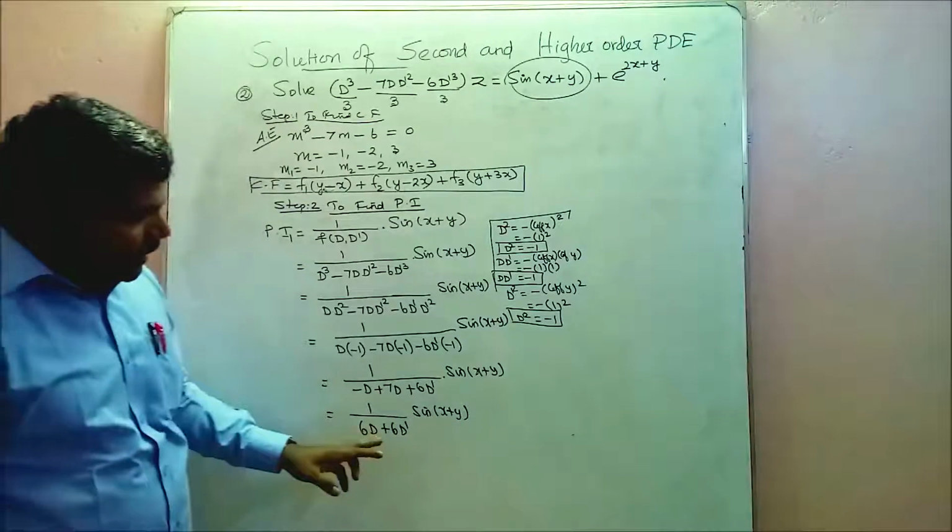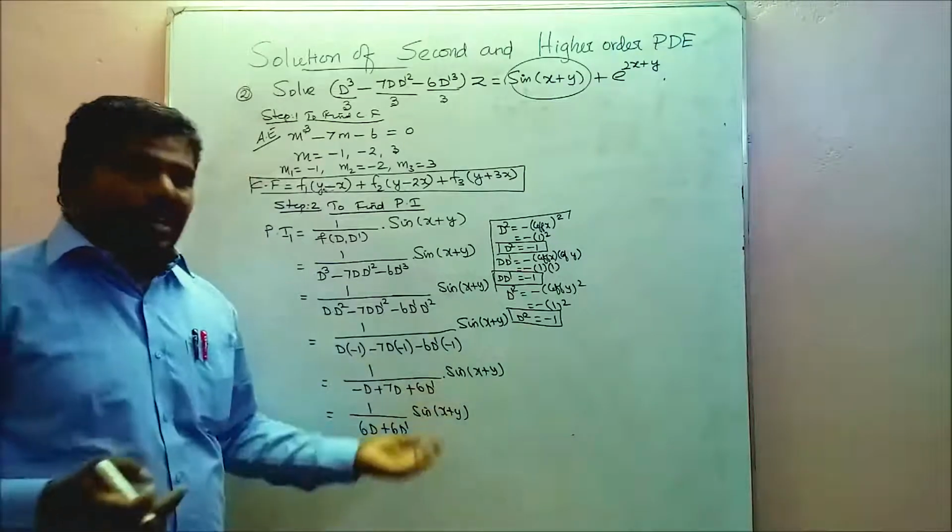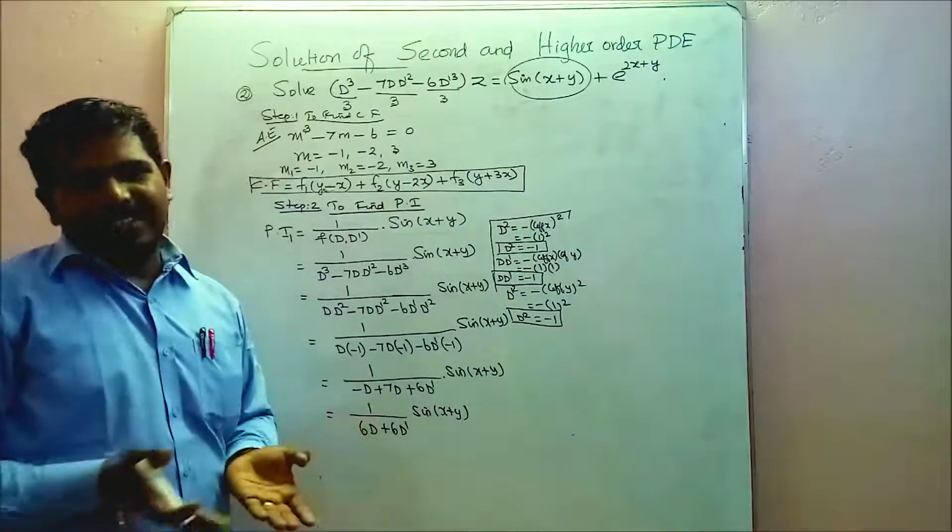Suppose the denominator had no zero and no d dash term, giving a non-zero value, we could stop at the particular integral.